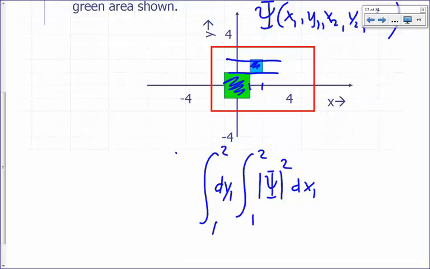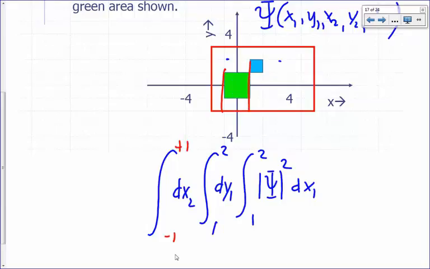Then when you get the result, you integrate with respect to x2 from -1 to +1, and then integrate with respect to y2 from -1 to +1.